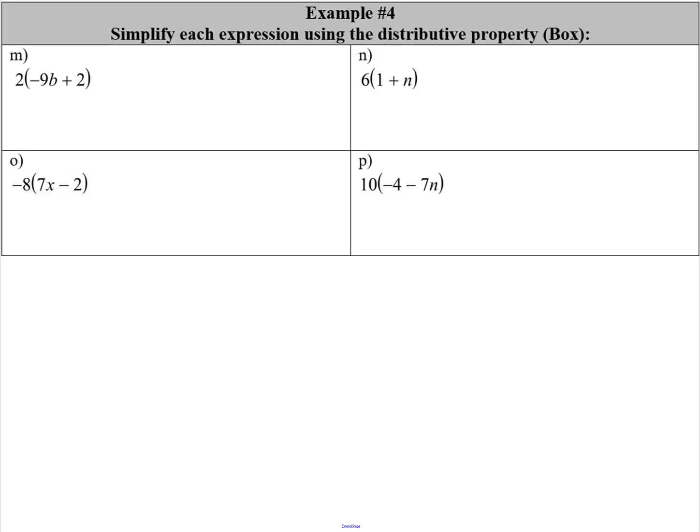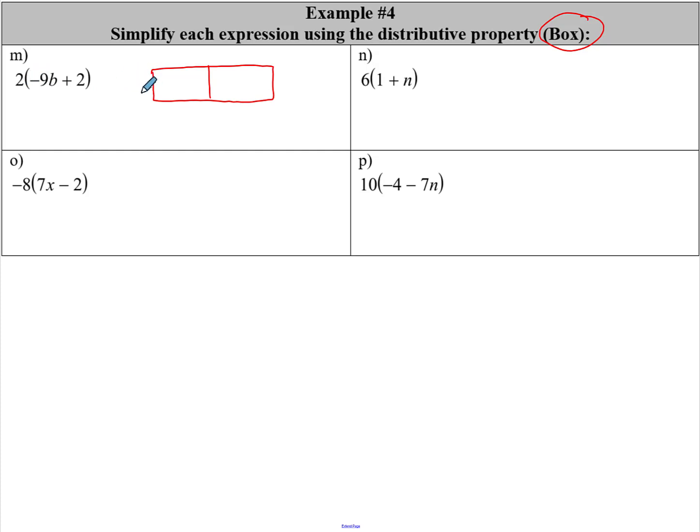All right, so we also have what we call the box method. This is where you can create a little box. Draw a box of some sort. Now, depending on what is multiplying into the parentheses is how big you want your boxes to be.